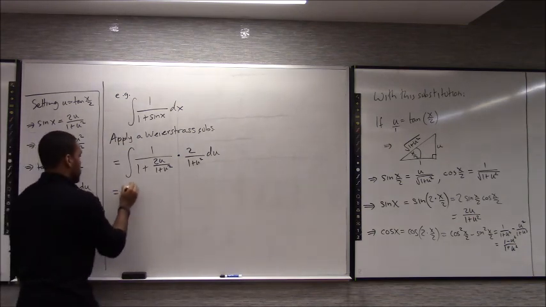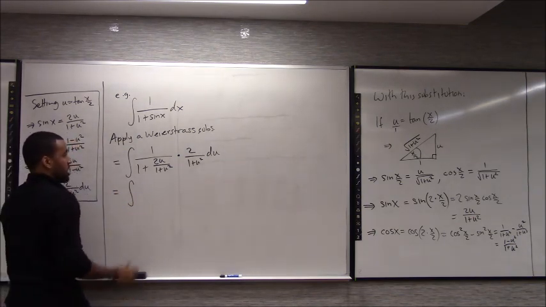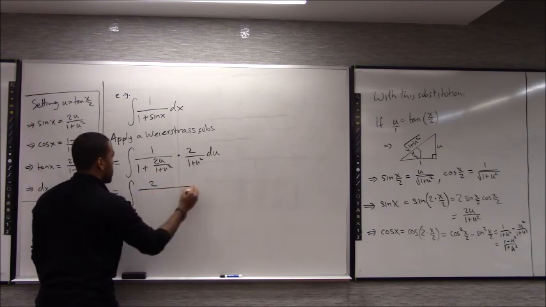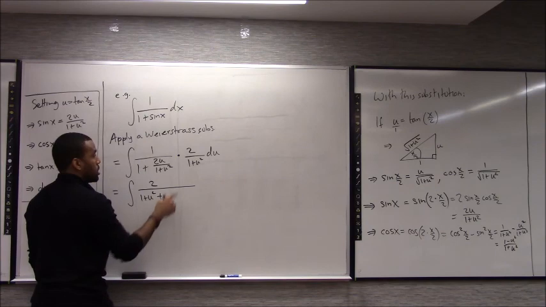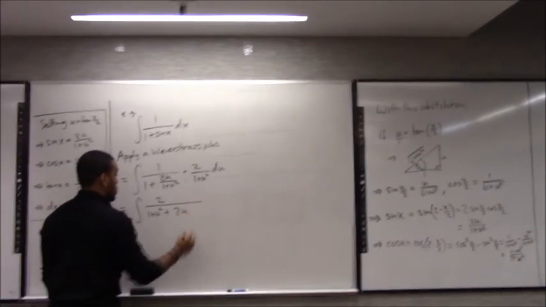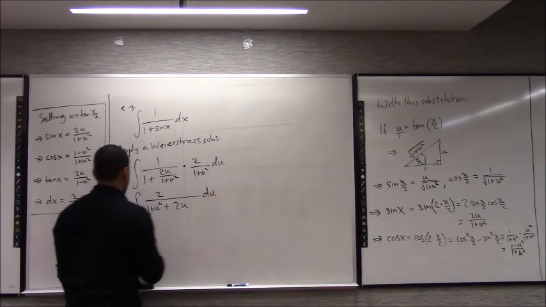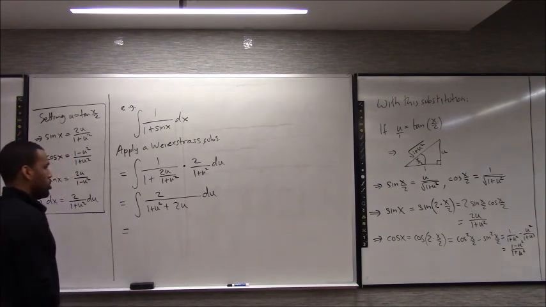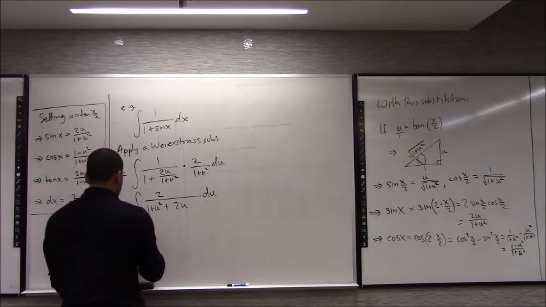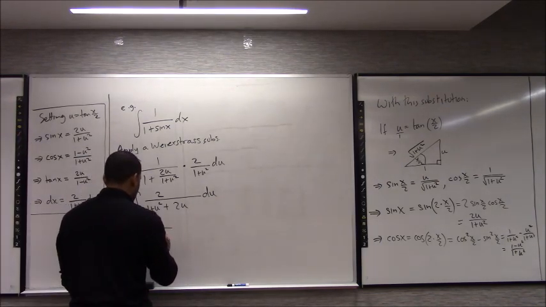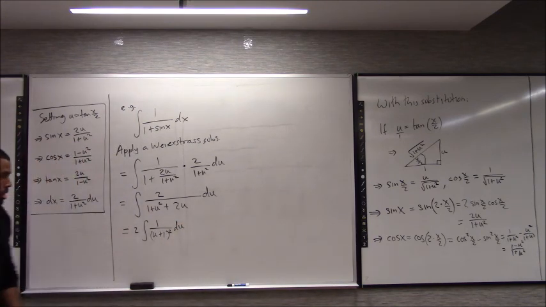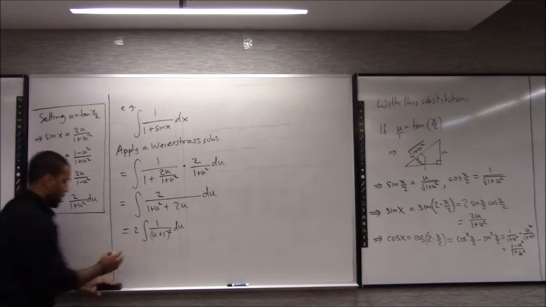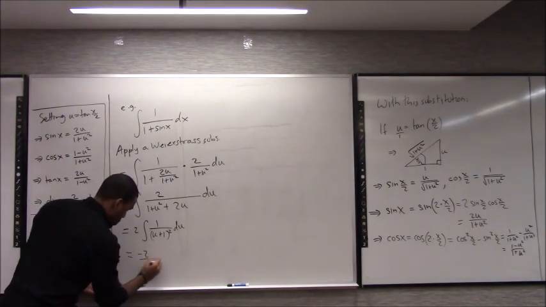Now what you'll notice we can do is I can just multiply across. That's going to be a 2 on top. Multiply this in, that's going to be 1 plus u squared. Multiply this in, that's going to be 2u. So that's u squared plus 2u plus 1. That actually simplifies. That is u plus 1 all squared. And that we know how to integrate. That's actually minus 1 over u plus 1.